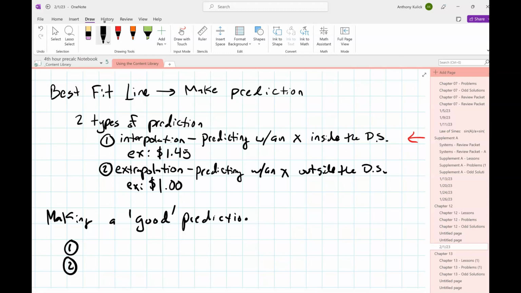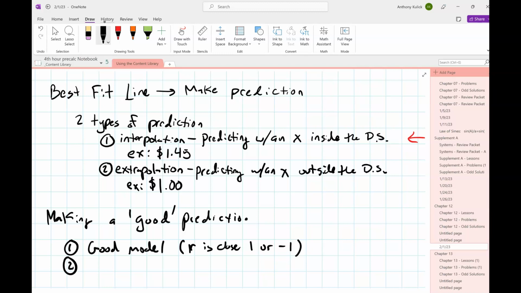It might still be a bad prediction even if we have data. What do we have to make sure that it's a good prediction? Reliable. Good data, okay, which means that we have a good model, i.e. that the R value is close to 1 or -1. Something where we have a reliable model that we're using to make our prediction with.